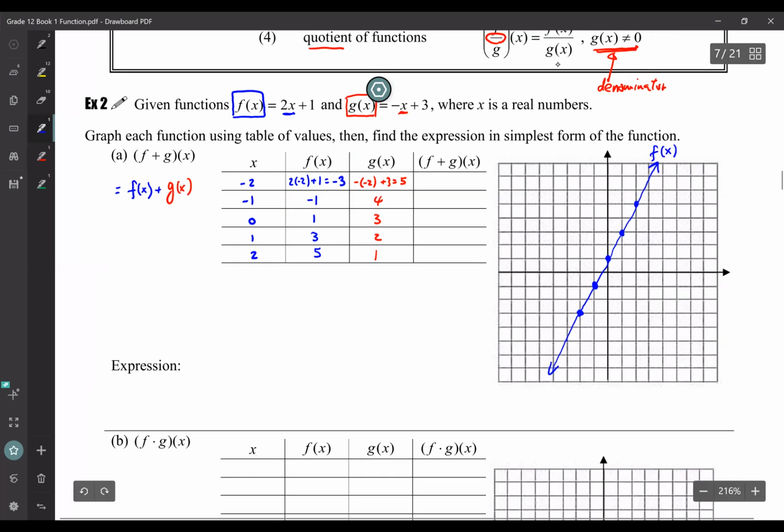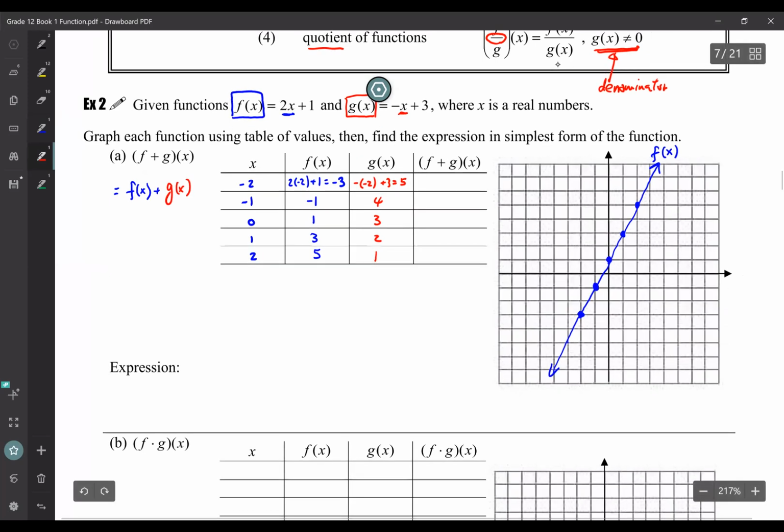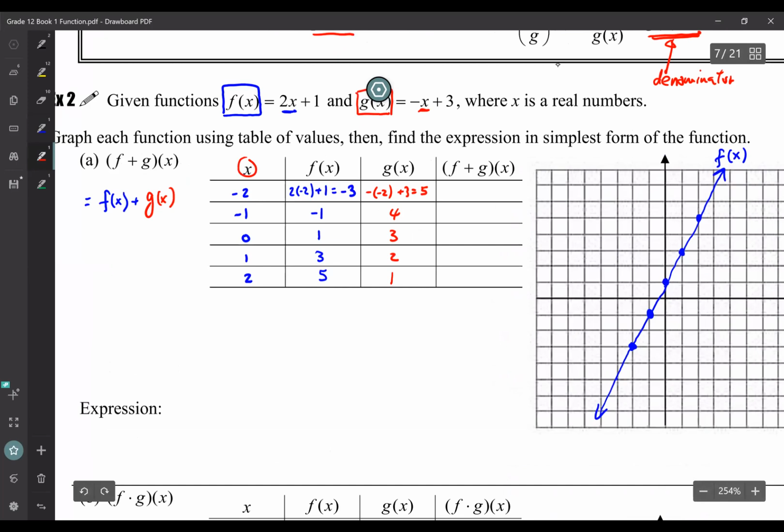Okay, and now we'll do the same thing for g of x. For g of x, -2 is 5, right? So you look at the x column and the g column. -2 is 5. And then -1 is 4.